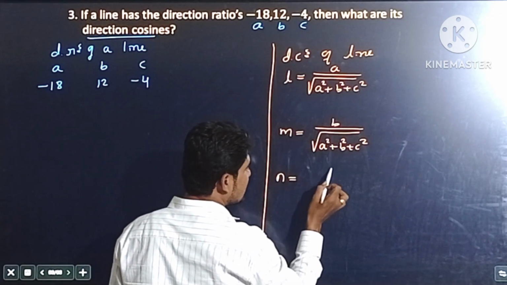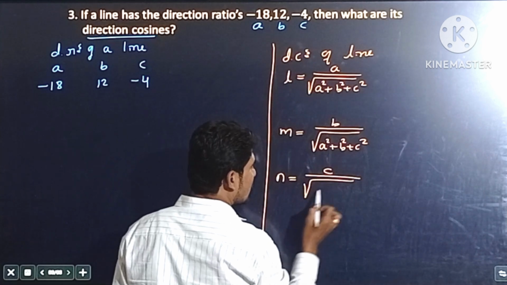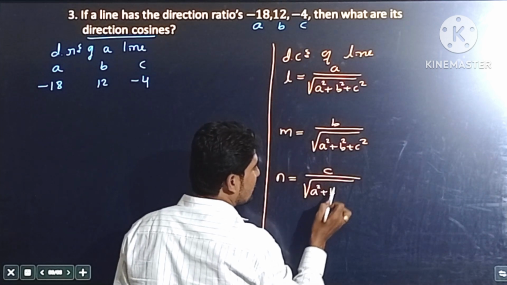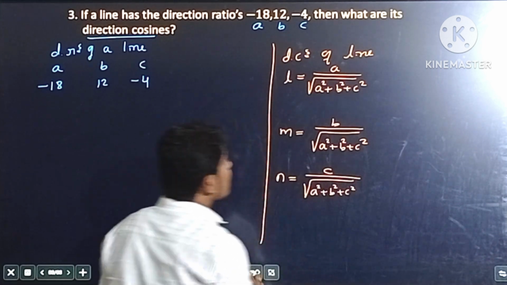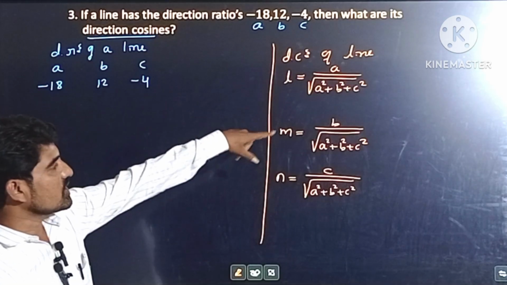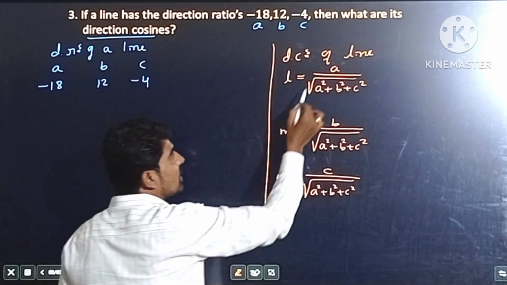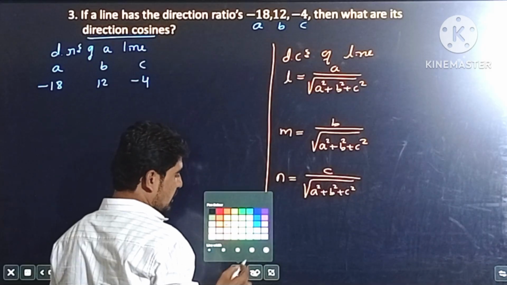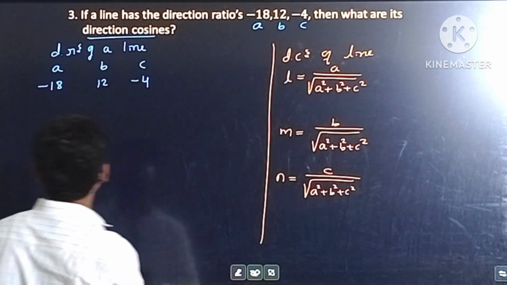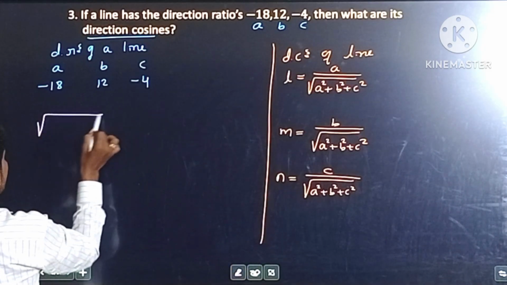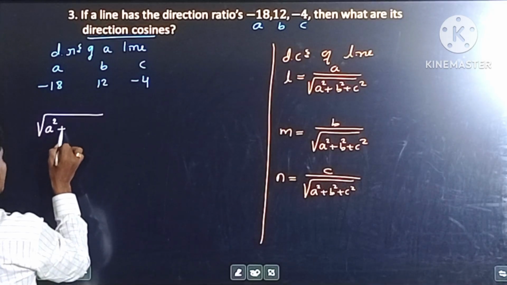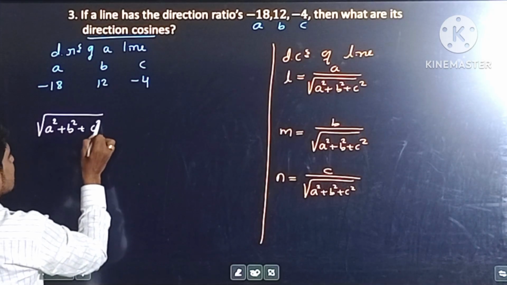Similarly, the value of N is C divided by square root of A square plus B square plus C square. He has already given the values of A, B and C, so for L, M, N we need the value of square root of A square plus B square plus C square.